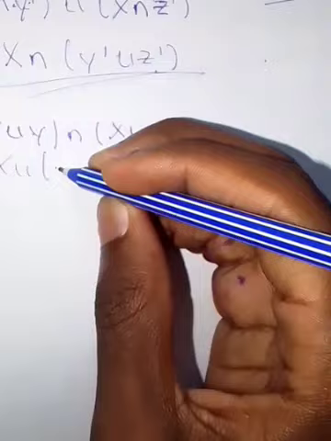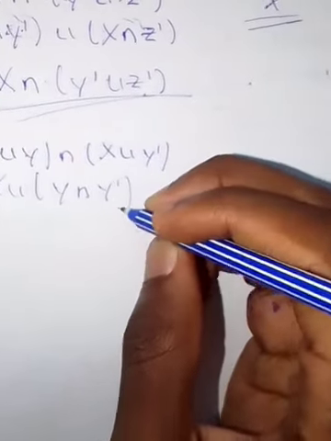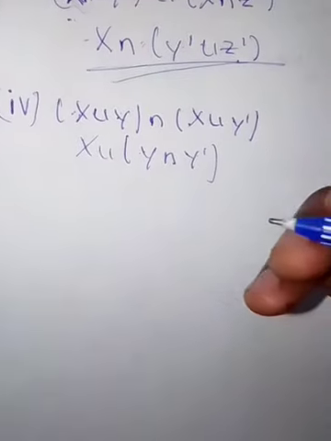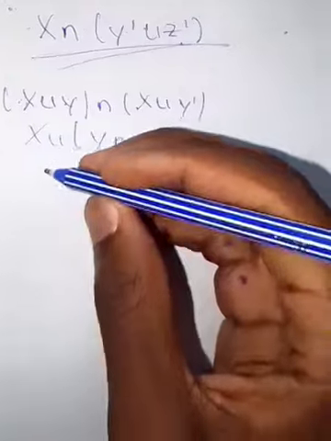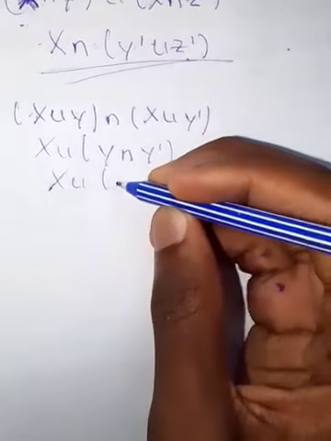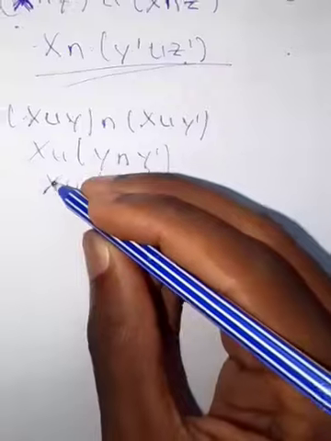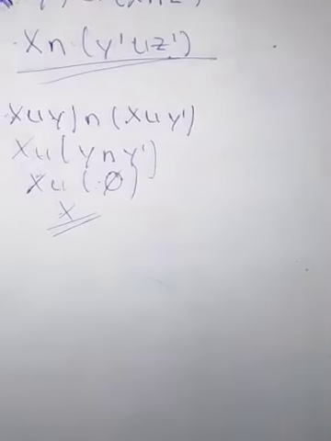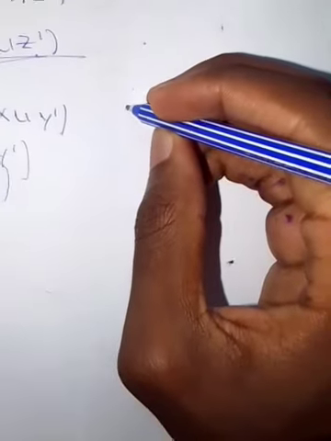X union y intersection y complement. Again, here we remain with an empty set. So x united with an empty set, we're going to get the set itself back. Okay, just like this, you have answered. Let us solve question 5.